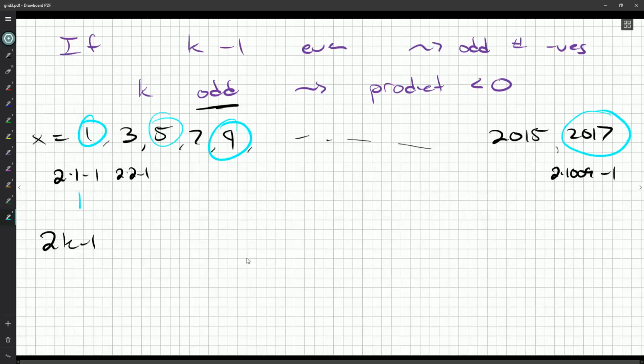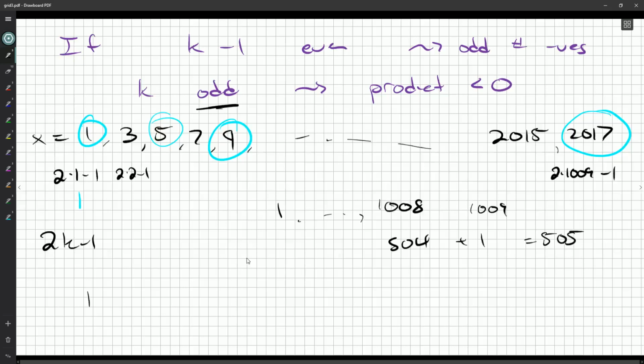Well, how many odd numbers between 1 and 1009 inclusive? Well, from 1 to 1008 is going to be 504 odd numbers, and then 1009 is your next one, and it's odd, so 505.